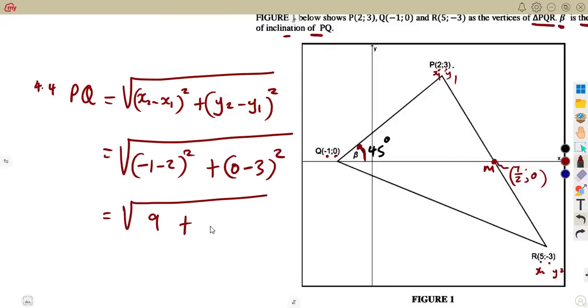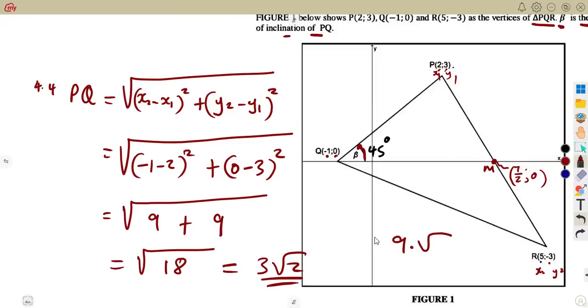This one is also minus 3 squared, which is 9. Add this, 9 plus 9 is 18. Square root of 18 is 3 square root of 2: 9 times 2 under the square root, and the square root of 9 is 3. All right, no problem. Just use your calculator, guys. This is just mathematics. Sometimes in the exam you can just say, okay, this one I actually know by head.